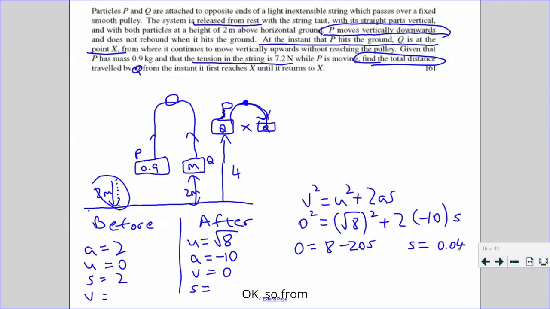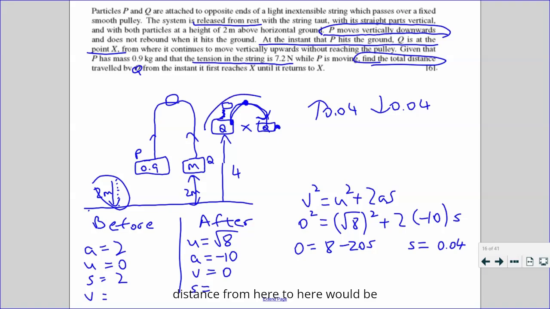Okay, so from here to the top, 0.04, yep, and comes down back to this point, 0.04 meters again. Okay, so the distance from here to here would be 0.04 plus 0.04, which is 0.08.